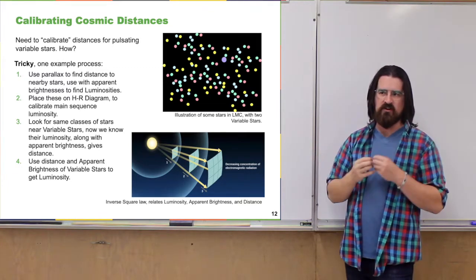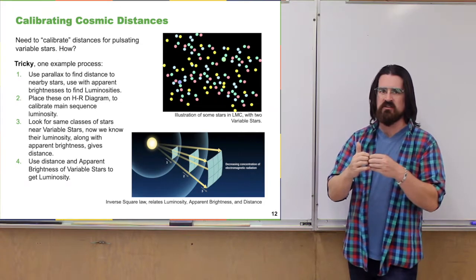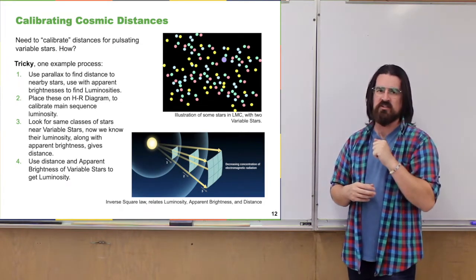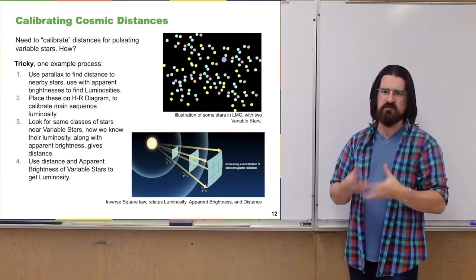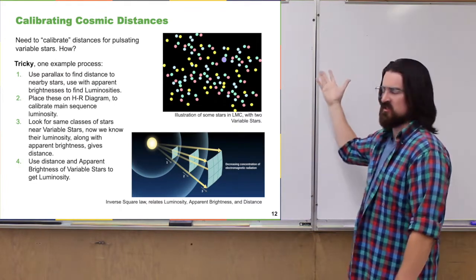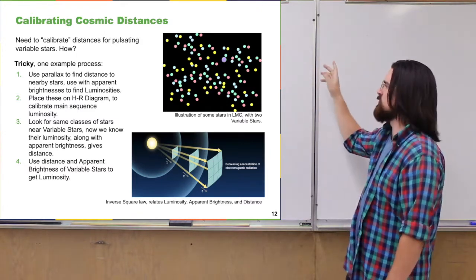And then if you have the actual luminosity of a star, then that, along with its apparent brightness, how bright it looks to us, we can calculate its distance. So then finally we would have the distance to stars that are very near those pulsing variable stars.